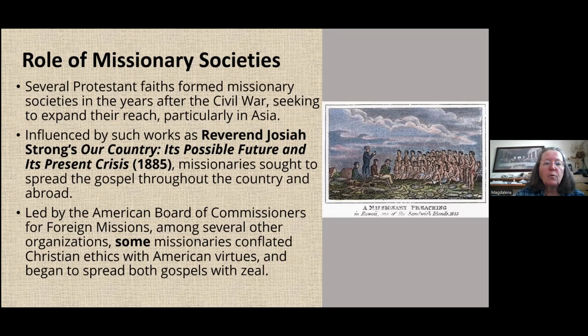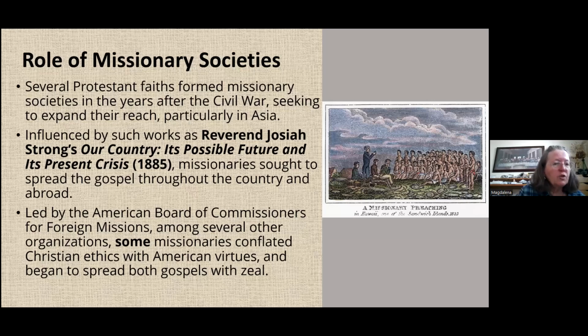And because of this influence, missionaries sought to spread the gospel throughout the country and abroad. Not all missionaries believed what Reverend Josiah Strong was writing. I need to emphasize that. But some missionaries conflated Christian ethics with American virtues and began to spread both gospels with zeal, believing the superiority of the Anglo-Saxon race.